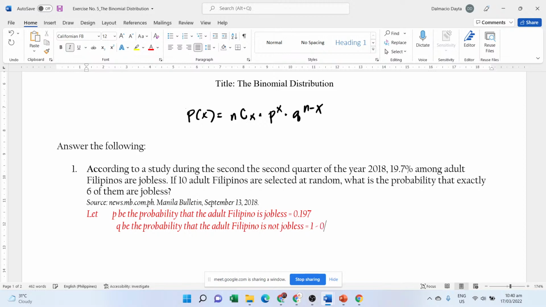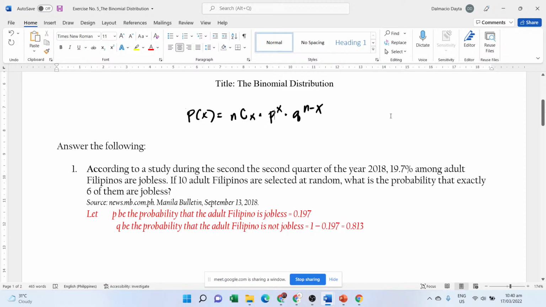So that will be 1 minus 0.197. Use your calculator, that will be 0.803. Or the probability that the adult Filipino is not jobless is 80.3%.